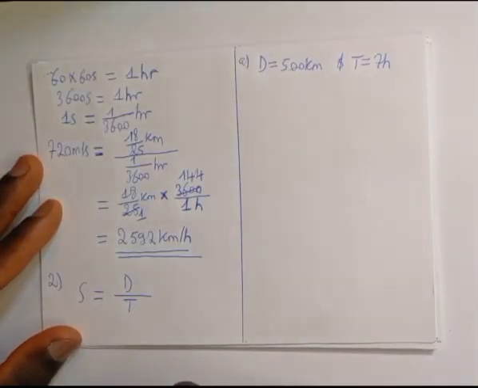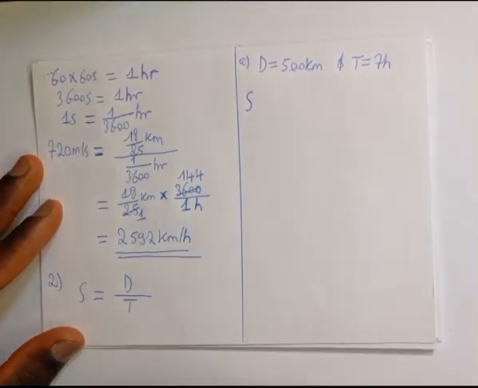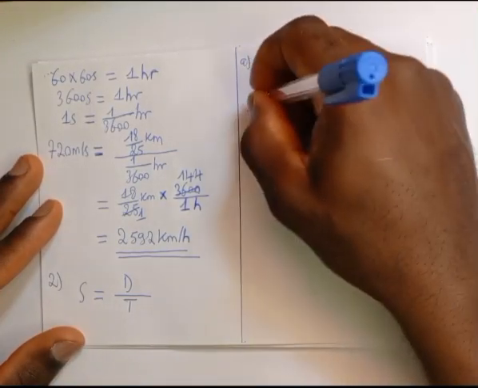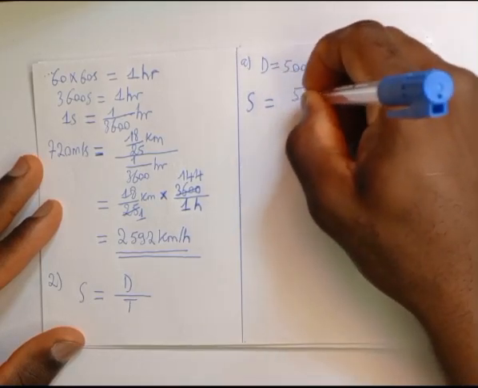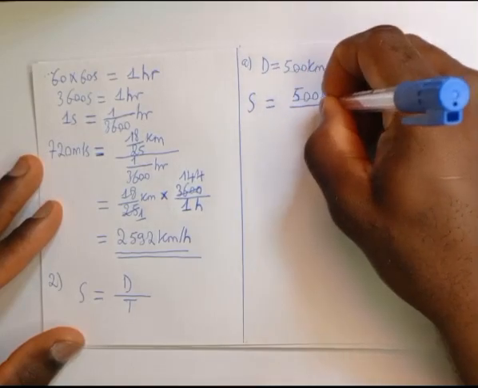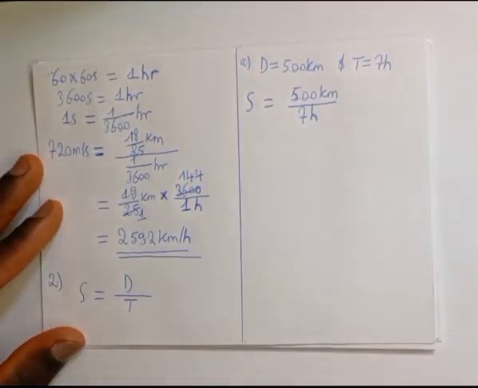We have to calculate the speed. In this case, we are going to calculate the speed in kilometers per hour. So this will simply be equal to the distance traveled, 500 kilometers, all over the time taken, which is 7 hours.